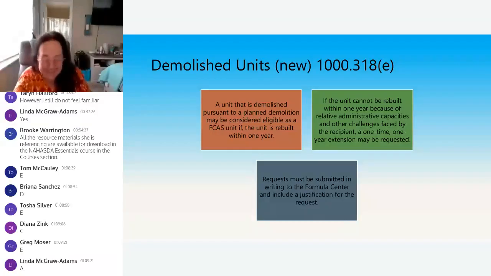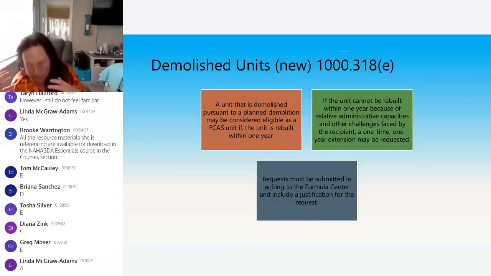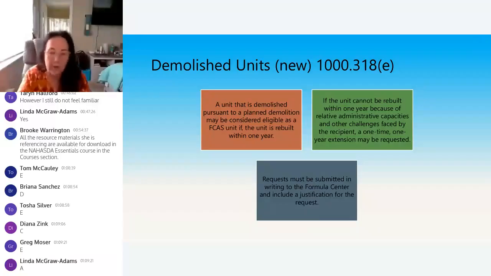It can't sit vacant for longer than that period of time unless you ask for an extension and explain why. Sometimes it's our building conditions that I can't get it totally done within the year's time. We had early snow, or whatever the reason being. But you have to make sure, first of all, you keep your HUD office advised, and then they'll send you over to the FCAS, the people that are in charge of that.